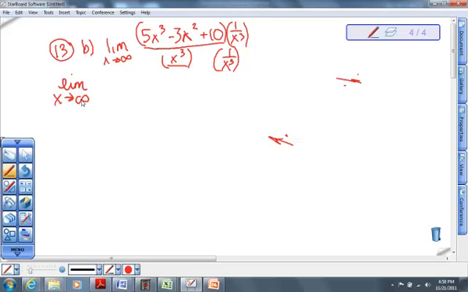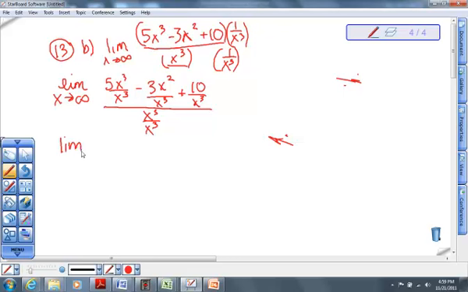So what I will get is 5x cubed divided by x cubed minus 3x squared divided by x cubed plus 10 over x cubed, all over x cubed divided by x cubed. And you might not think this tells a whole lot, but you'll see the magic of this.